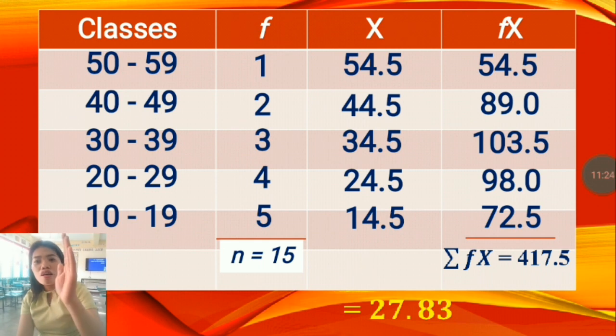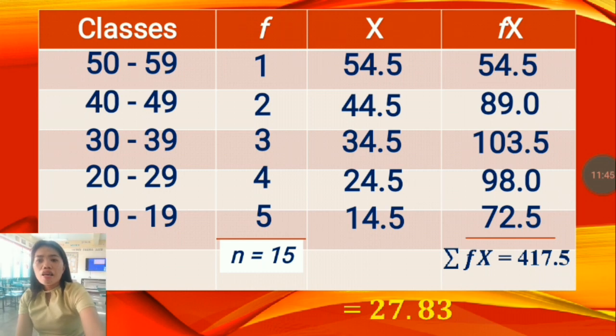Okay, what's next? The next thing we're going to do is add the summation of fx, so we add the numbers in the fourth column. We have 54.5 plus 89 plus 103.5 plus 99 plus 72.5. That gives us the summation of fx, which is 417.5.